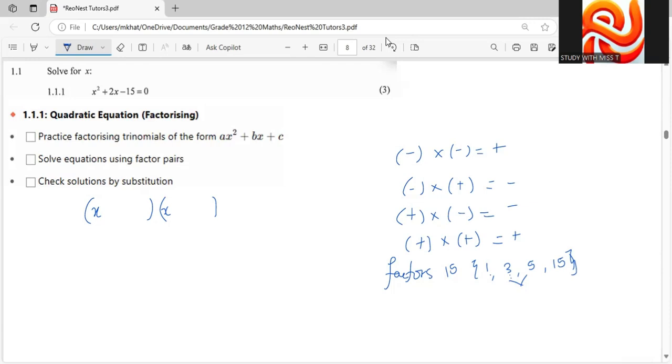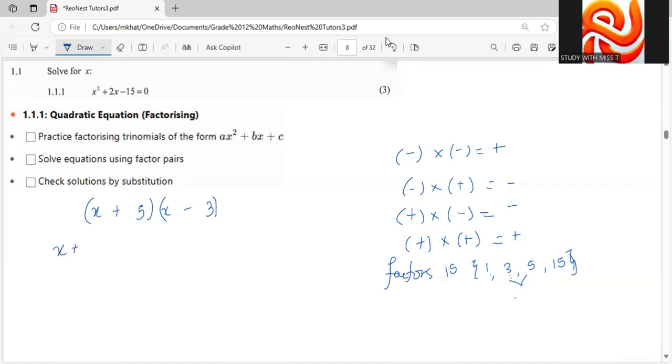I can get a positive 2 if I subtract 3 from 5. So in this case, I'm going to have a negative and a positive. So if I minus 3 from 5, that means I'm going to get a positive 2. So that's how we get it.